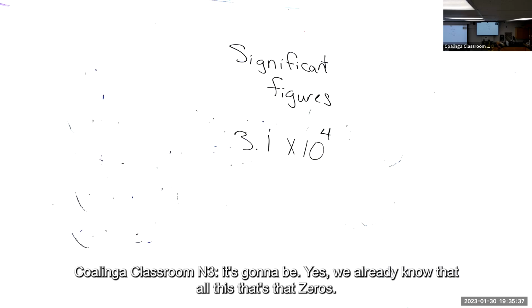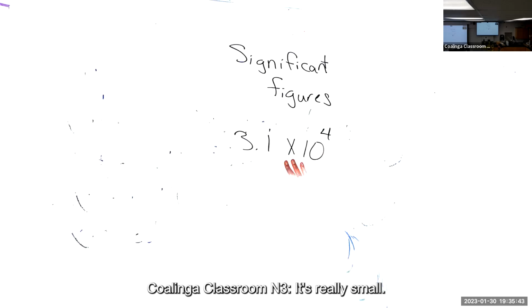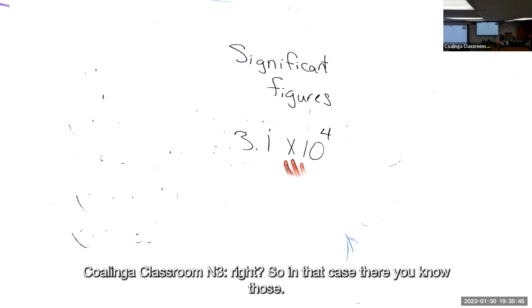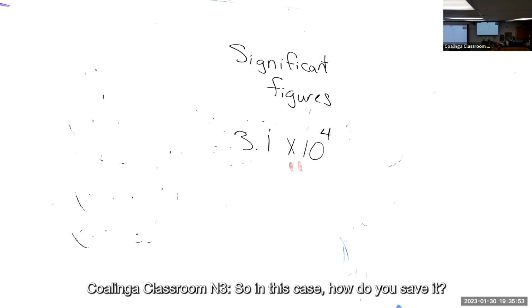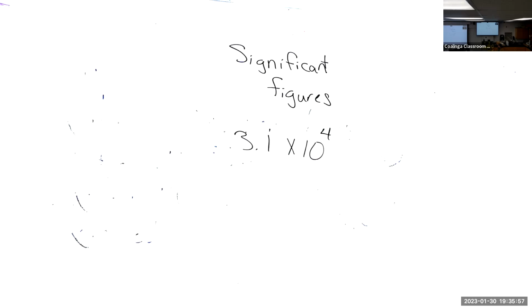It's going to be this part, because we already know that all the exponent does is add zeros or put zeros in the front. So we already know that those aren't significant. It's already understood that, otherwise we wouldn't write it. So in this case, how many sig figs would I have? 2.